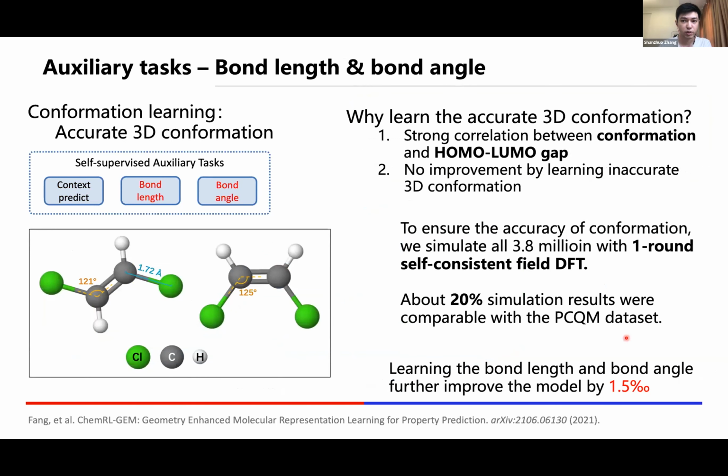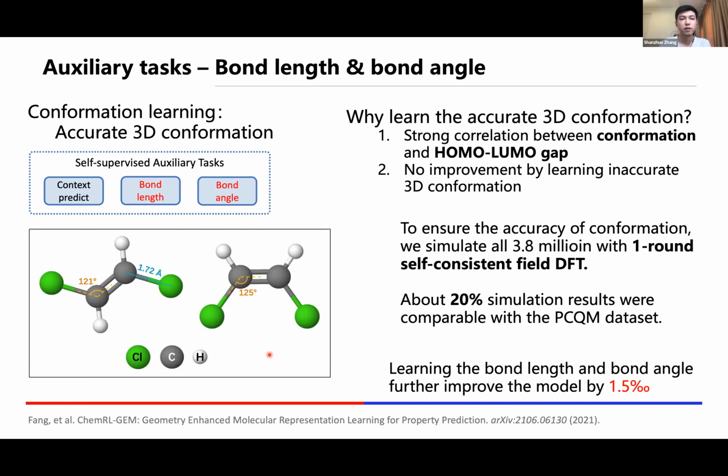As an example, we can see from this figure, these 2 molecules are the same in topology, which means they cannot be differentiated by the GNN model itself.